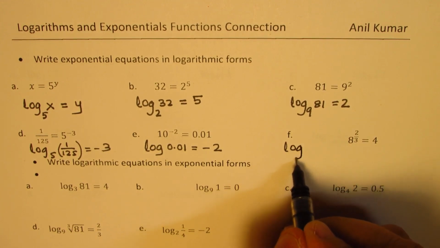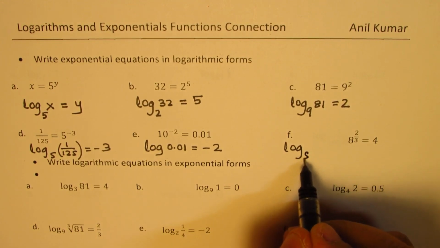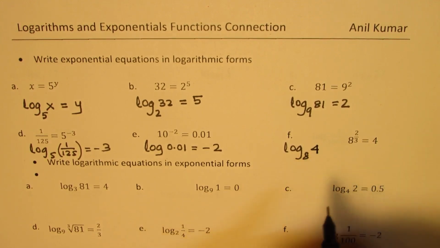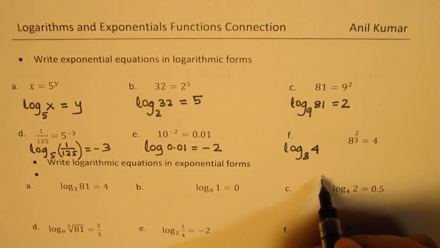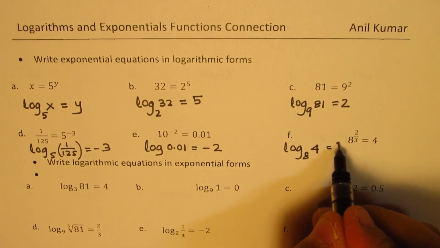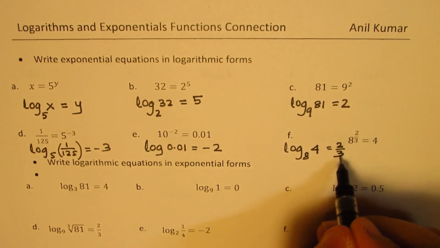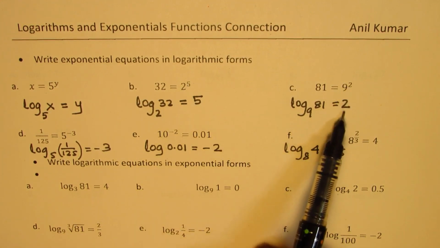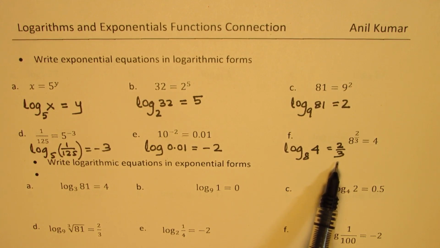So we'll write log to the base 8 of 4 is equal to 2 over 3. That exponent is the y value. In all the cases, this exponent became the y value. That is how we write it.